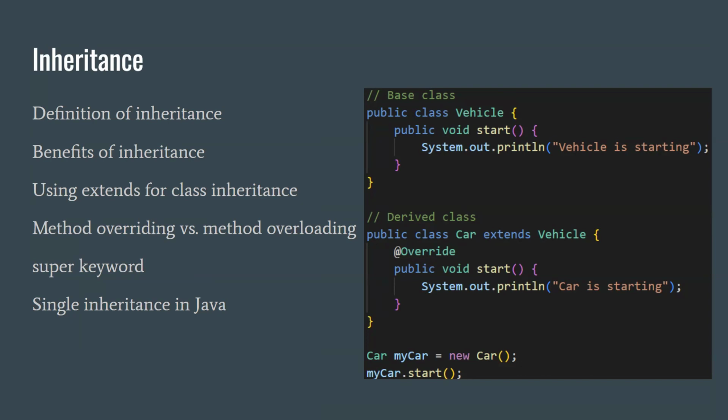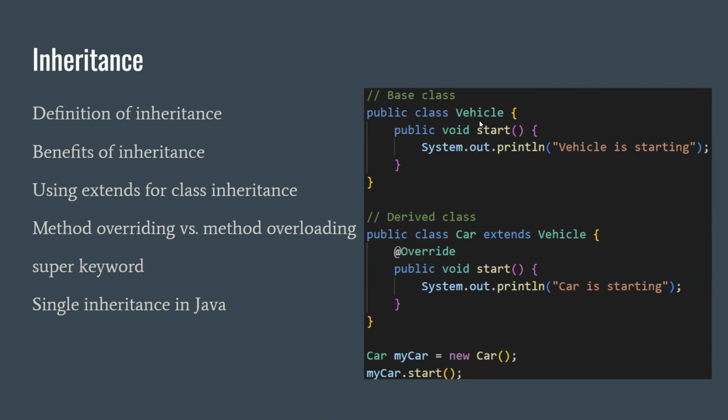So when a child class inherits from a parent class, it can also override methods of the parent class and provide specific implementation.